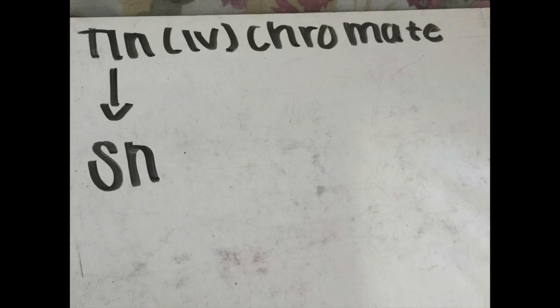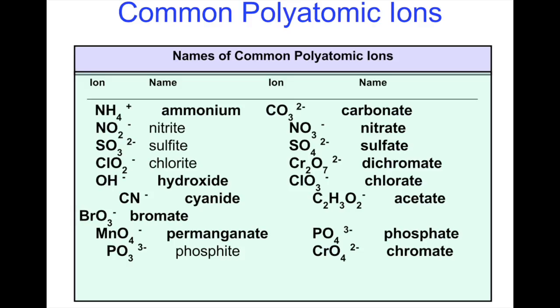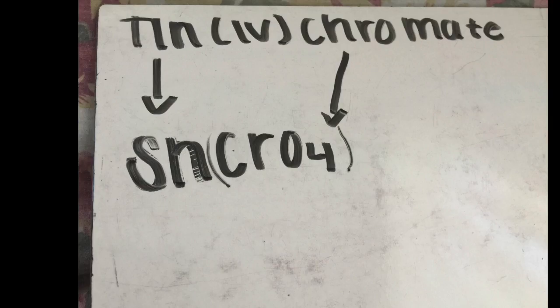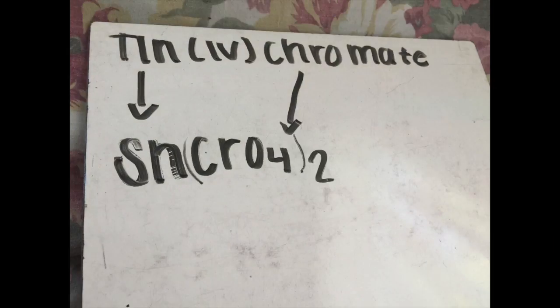Then using the handout that the teacher gave us, we look for chromate, and we know that it's CrO4. So we're going to write that down in parentheses, and we're going to add the 2 since we know that tin has a plus 2. This is going to be your answer for tin(II) chromate.